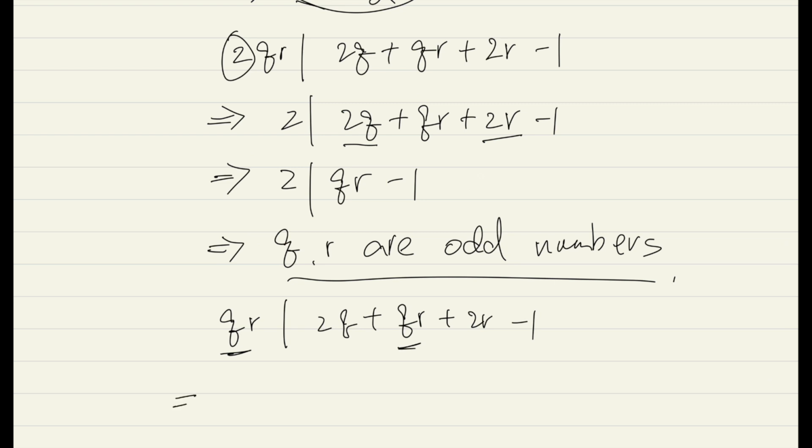So QR divides 2Q plus 2R minus 1, which means QR is less than or equal to 2Q plus 2R minus 1.